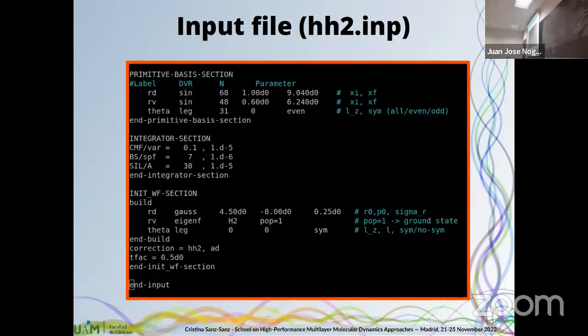Guys, wait a second, please. If you see here, I don't know if it's happening to the people at home, I will try and show it to you in a second, okay? I have a directory that is called school. I'm very imaginative, as you see. And in here, if I do ls, I have the input file for my potential, the input file for my propagation, and the operator file.